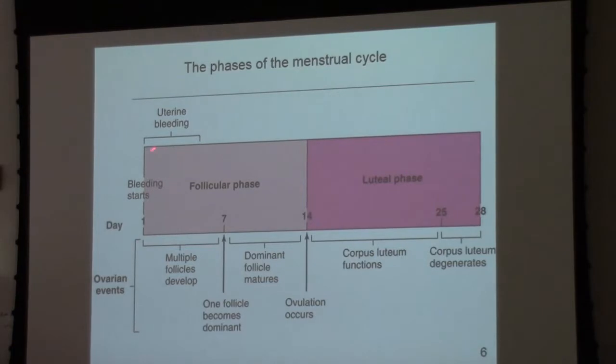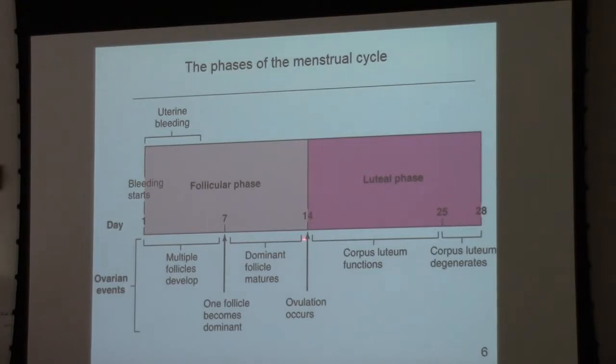So the beginning of the menstrual cycle, or the beginning of uterine bleeding, is day 1, and the time from the beginning of the menstrual cycle to the moment of ovulation of an oocyte is called the follicular phase. So the first half of the 28-day female reproductive cycle is the follicular phase.